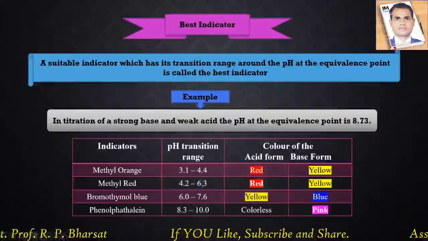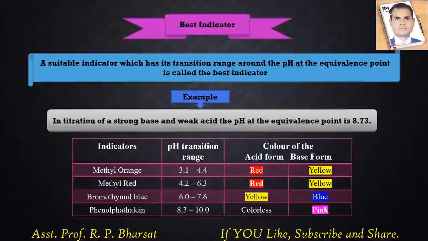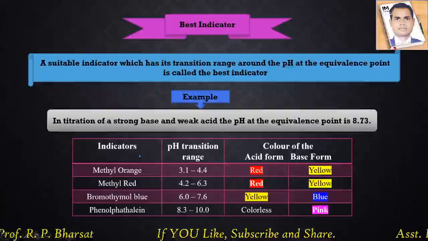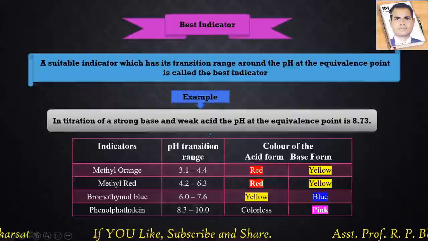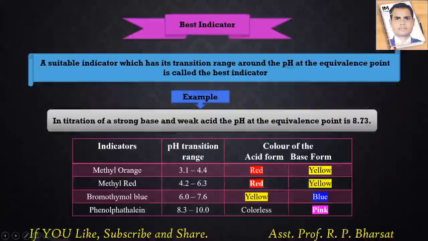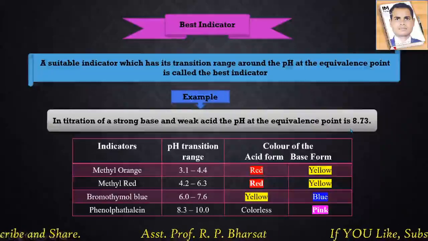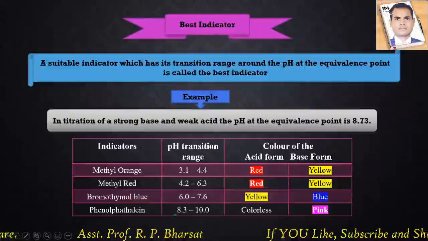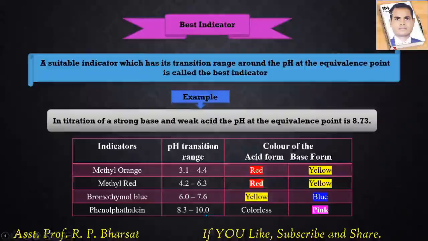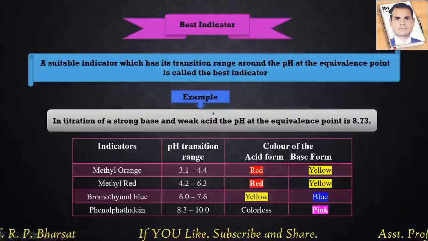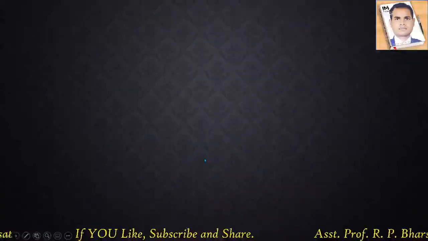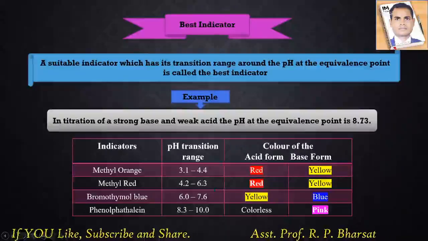So in this titration of strong base and weak acid, with an equivalence point of 8.73, the pH transition range of phenolphthalein matches it. That means in this kind of titration, phenolphthalein is the best indicator.